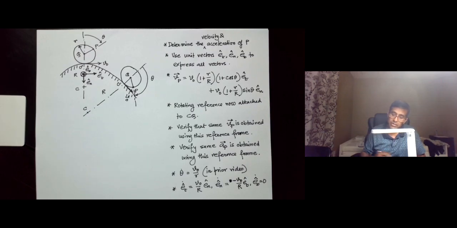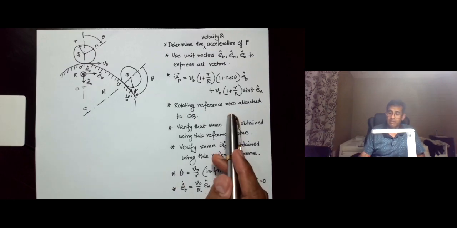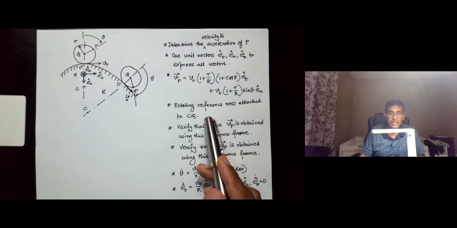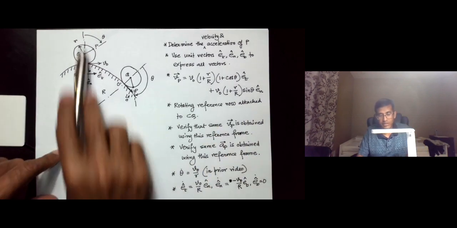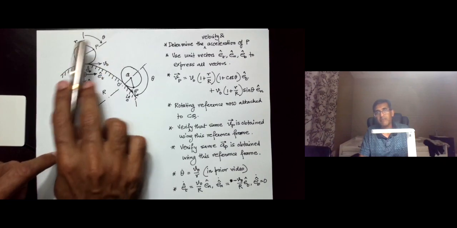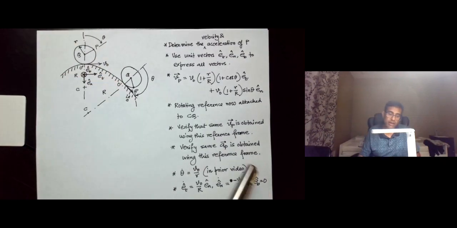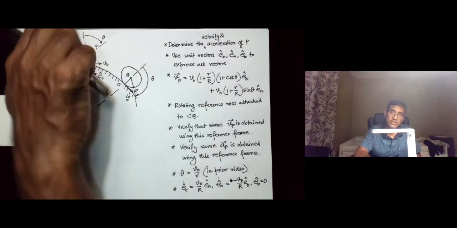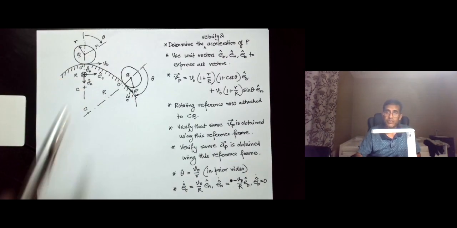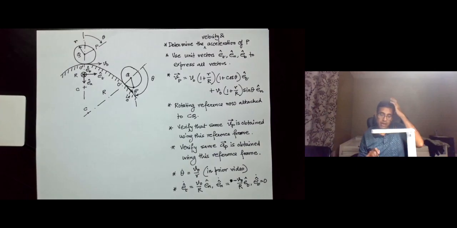In this part, what we'll do is we'll change that rotating reference to now be attached to CQ. So this line CQ is going to be the rotating frame for us. As it turns, our rotating frame turns with it. Okay, so previously our rotating frame was attached to the disk. Now our rotating frame is attached to the line CQ.